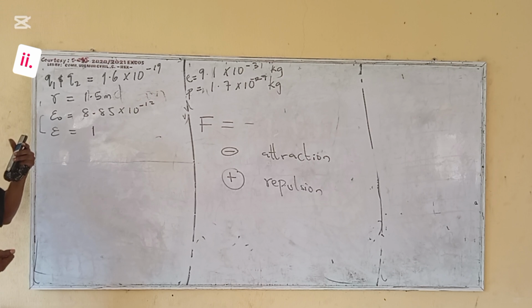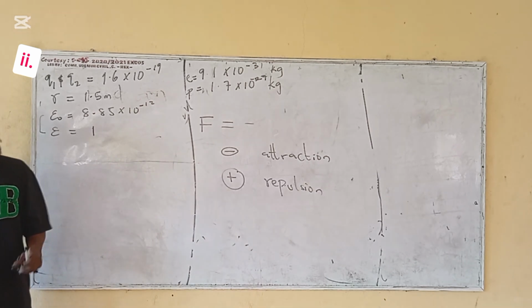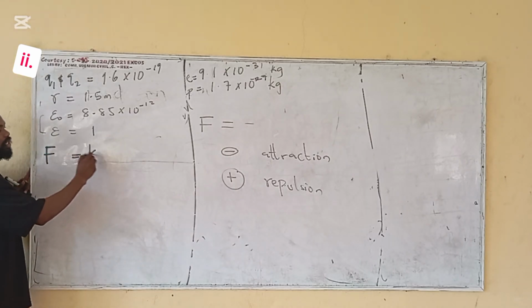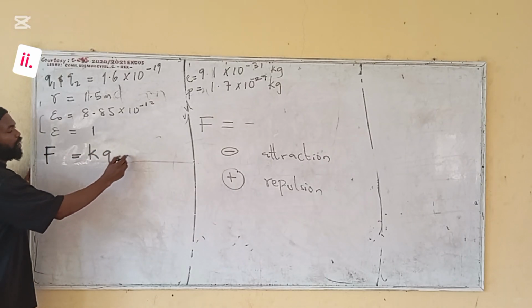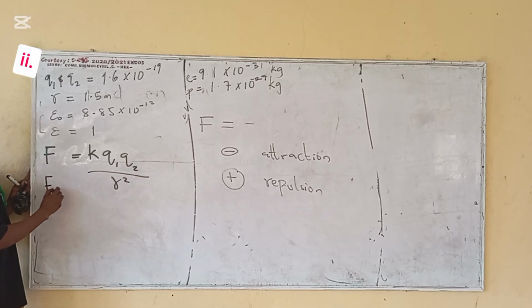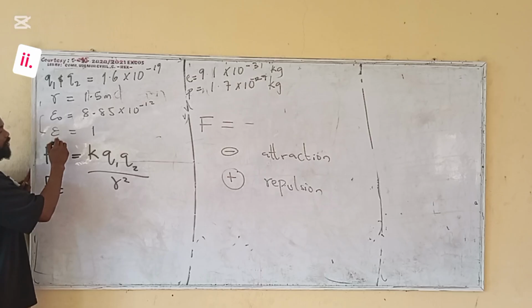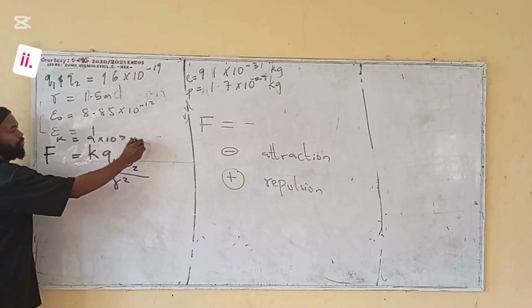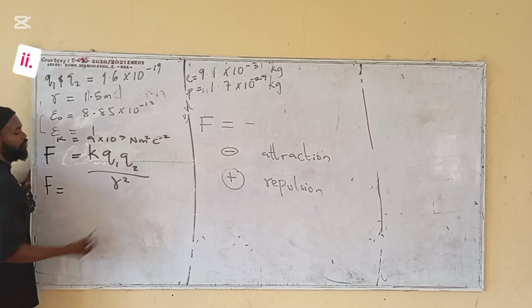We can now solve. In this kind of question, all I need to do is employ Coulomb's law: F equals K Q1 Q2 over R squared. K is 9 times 10 raised to the power 9 newton meter squared per square coulomb.